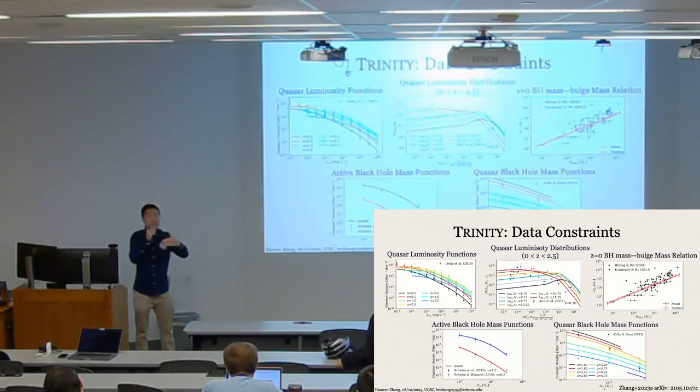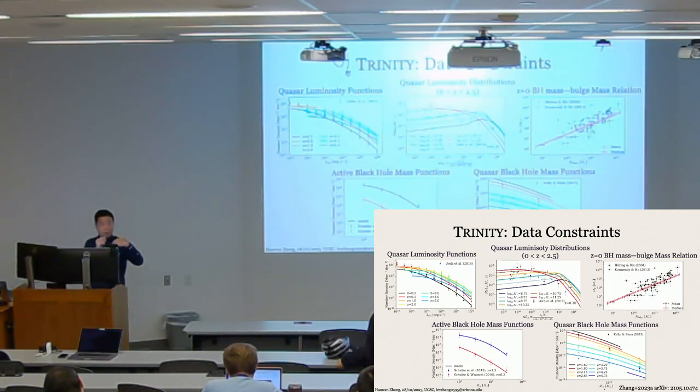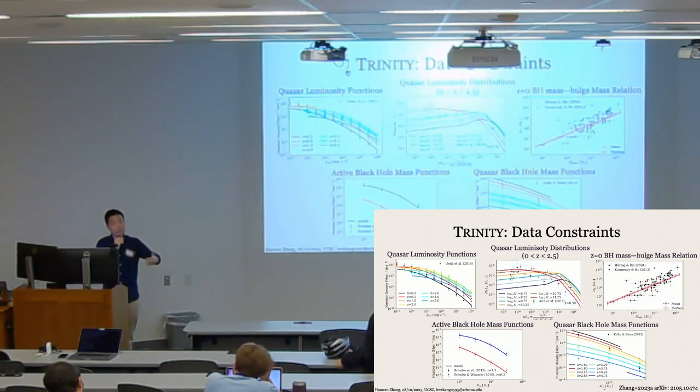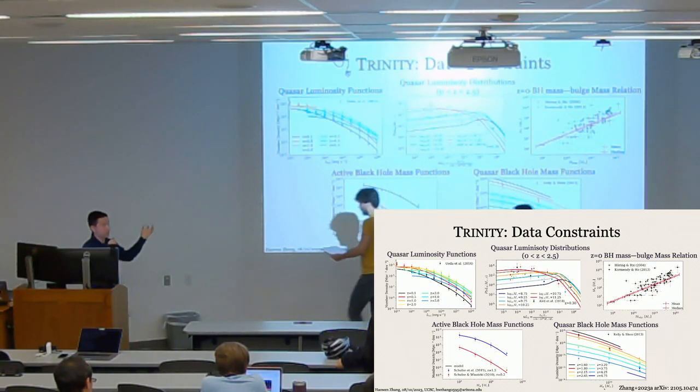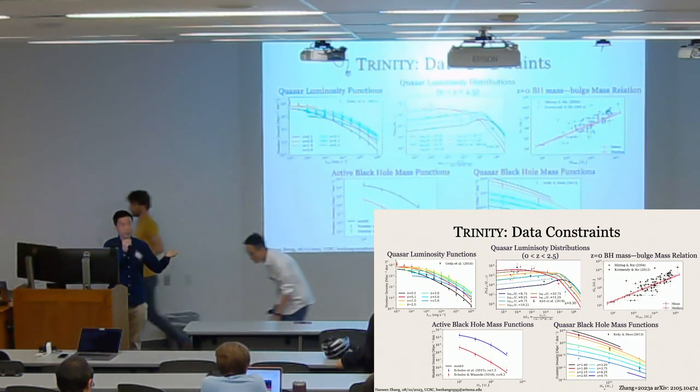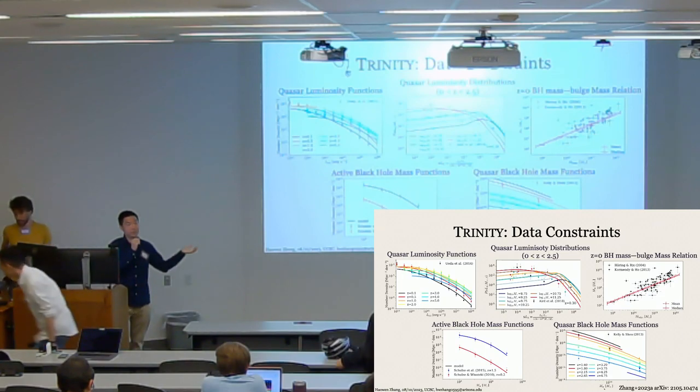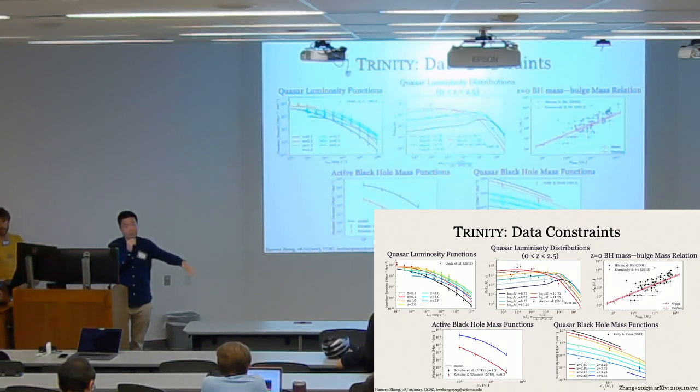Because if you have a larger scatter around this scaling relation, it leads to an Eddington bias, right? So it would increase the number of massive black holes and flatten the active black hole mass function. Here we do have to assume that this scatter is redshift independent, given that we don't think we have enough data to constrain the redshift evolution of this scatter.